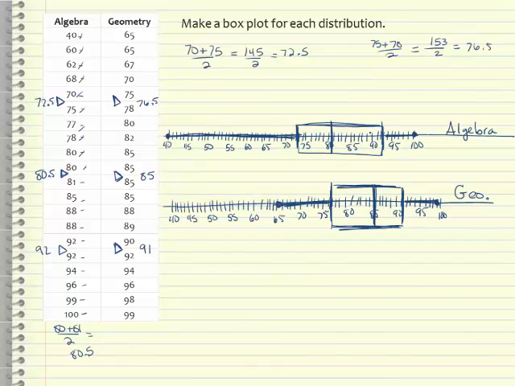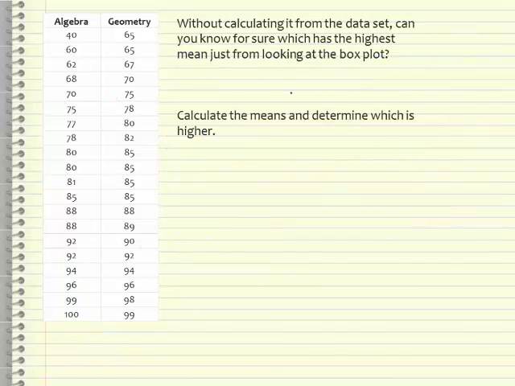Well, looking at this box versus this box, as you can see, the box in geometry is shifted slightly more to the high side than algebra, so we can assume or guess that algebra is the lower average. So we'll go ahead and say algebra, but then we can calculate the means to determine which is higher.